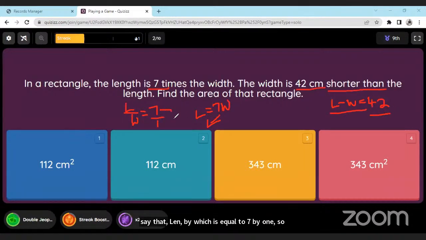At the same time, length minus width in the ratio is 6 parts.